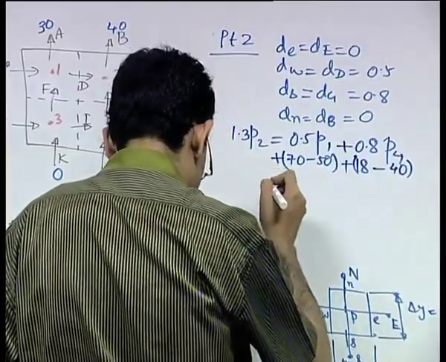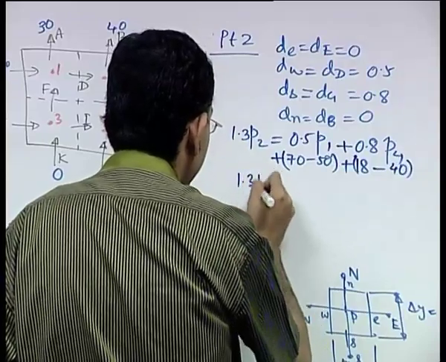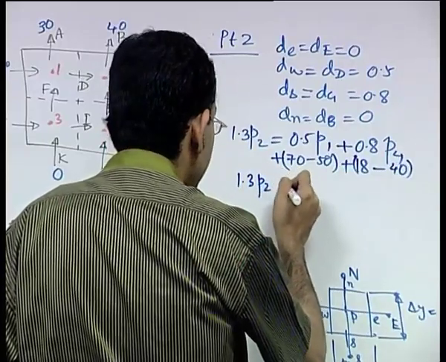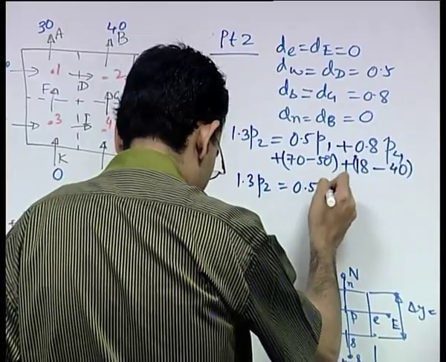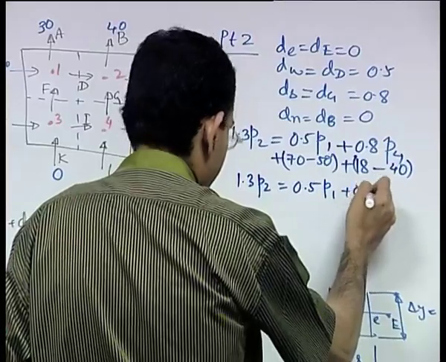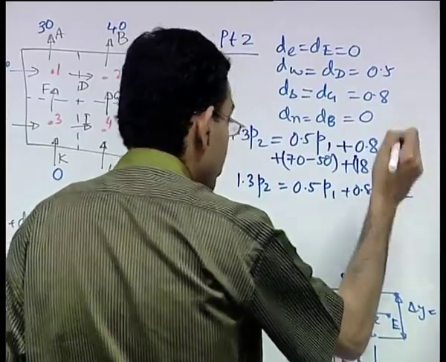So if you simplify this equation, it will be 1.3 P2 is equal to 0.5 P1 plus 0.8 P4 minus 2.